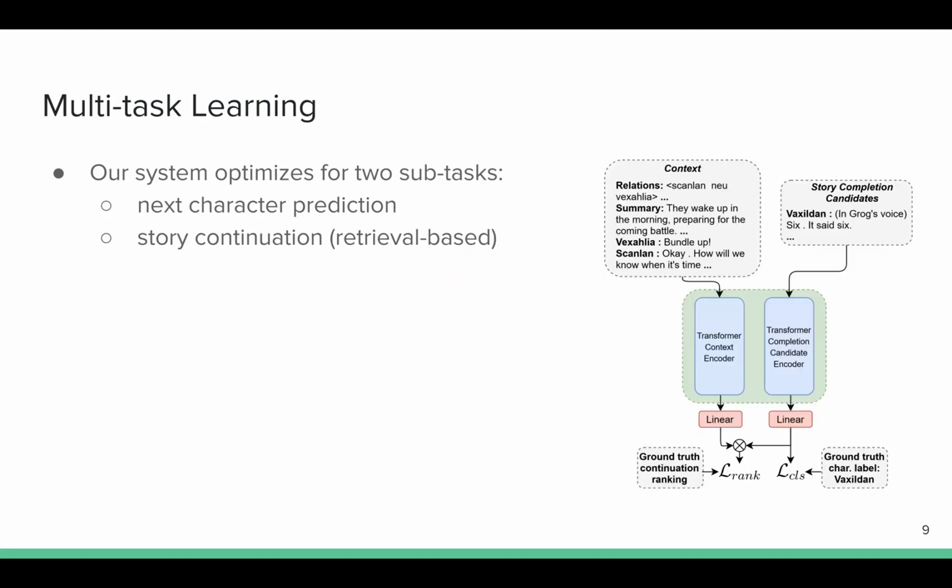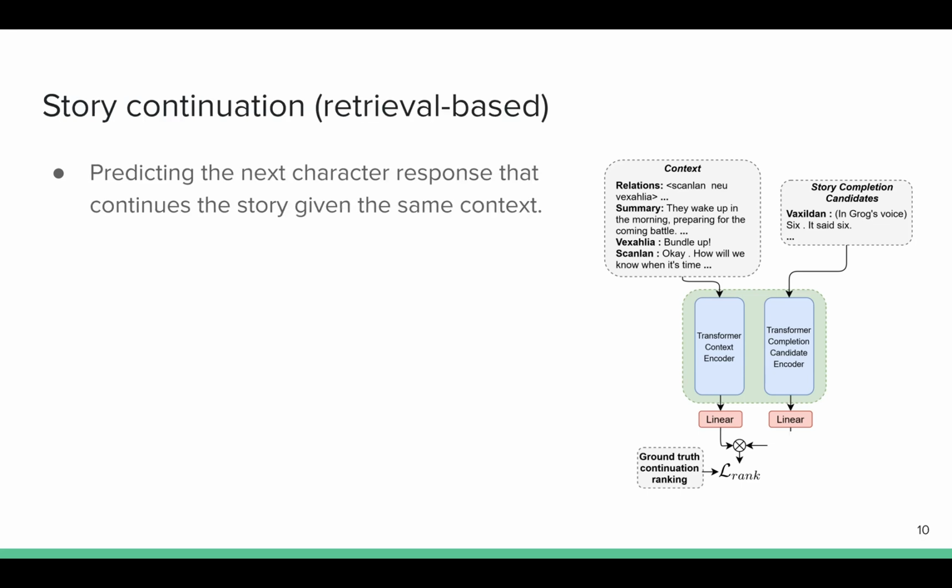Second, we build a system that optimizes for two subtasks: next character prediction and story continuation. Story continuation is equivalent to retrieval-based dialogue, which is predicting the next character response that continues the story given the context. In this model, two separate transformers are used to produce vector representations for the input context and each candidate utterance for the response retrieval task.